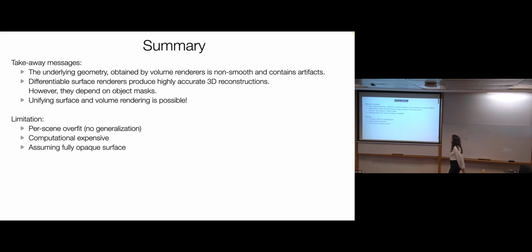And some limitations are more related to the representation that we chose, which is the signed distance function, in that it assumes that you have a fully opaque surface. So using SDF, you cannot model, for example, hair, which is not really a surface and doesn't have well-defined boundaries, or smoke and stuff like that.